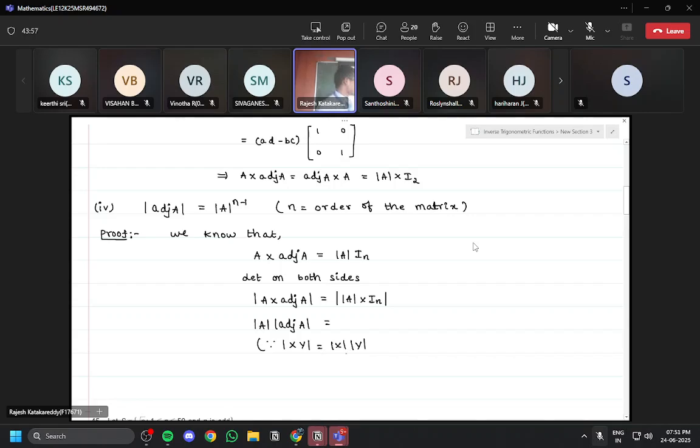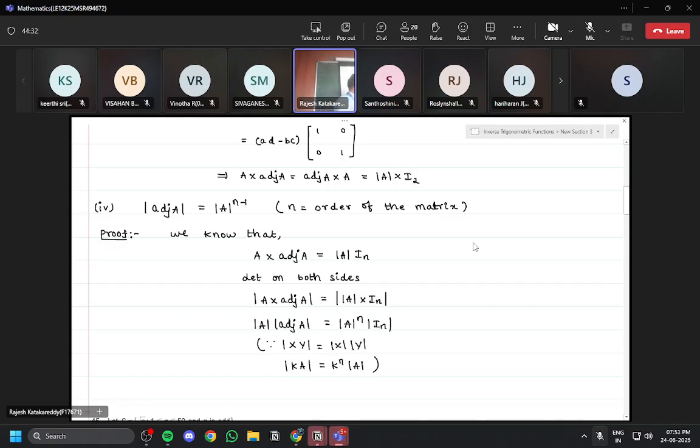Second, if there is any scalar inside a determinant and we take it out, determinant of k into matrix A must be equal to k to the power n into determinant of A. This is the second property I will use here. Determinant of A is a scalar quantity, not a matrix. So I take it out as det A to the power n into determinant of the identity matrix.